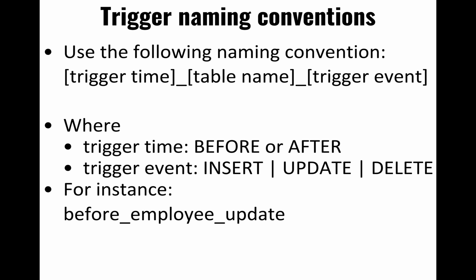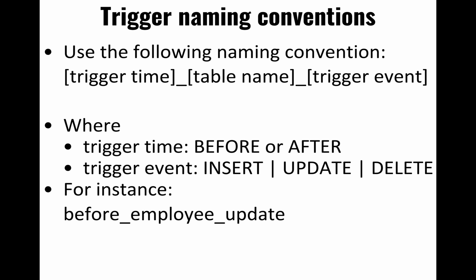A word on naming your triggers. It's good practice to name your triggers based on what event you are listening on, what table is being operated on, and what action you care about. So based on those two things, before and after, or whether you're inserting, updating, or deleting, you might call your trigger something like before an employee is updated.